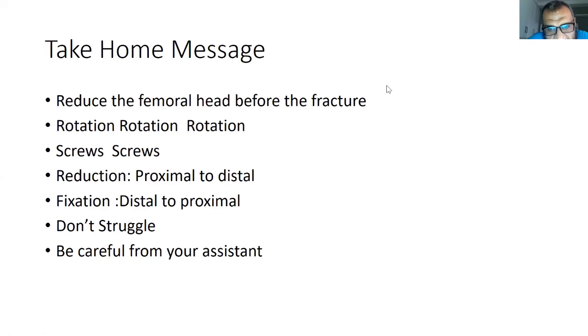If you need any... A very critical question: how to judge the reduction of the vertical component in T-shaped fracture, from Hammad al-Faramawi. Muhammad, we have two types of T-shaped, either with wide separation of the vertical component or without wide separation.